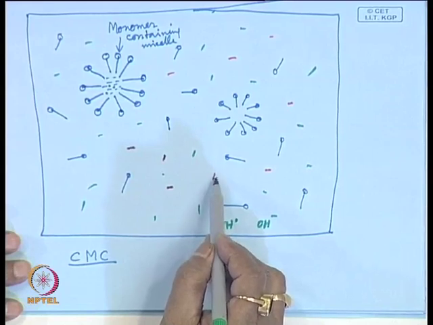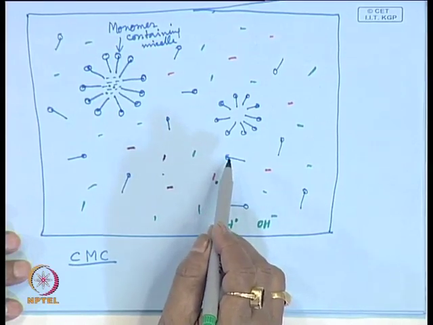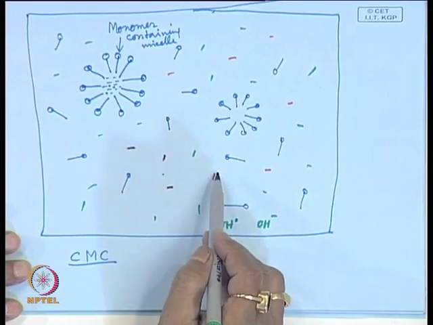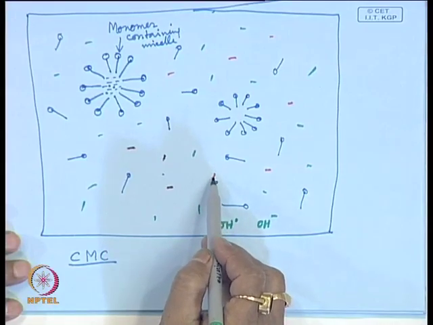Once it initiates the monomer, some polymer is initiated in the aqueous phase. Try to understand: polymerization is initiated in the aqueous phase. Gradually, it will interact with more and more monomer, so it will continue the propagation step.